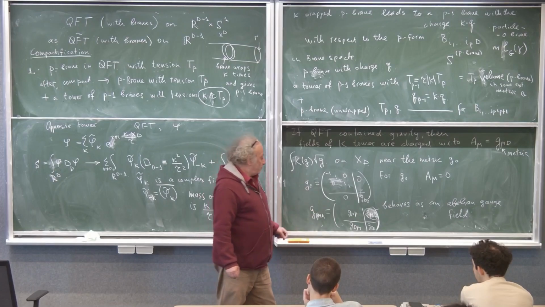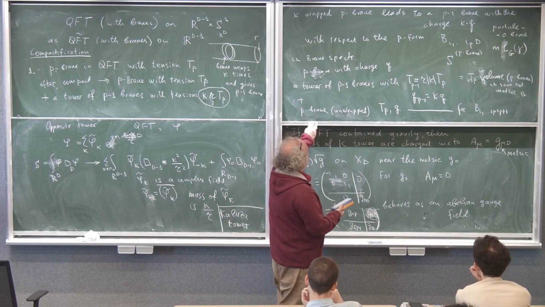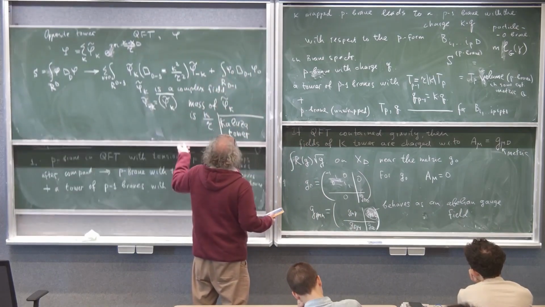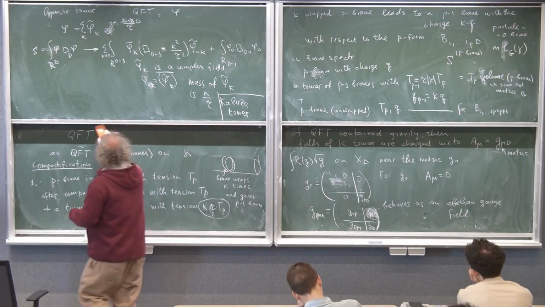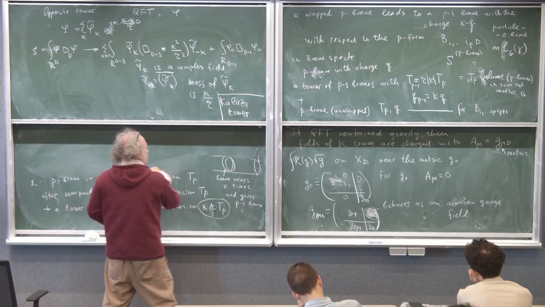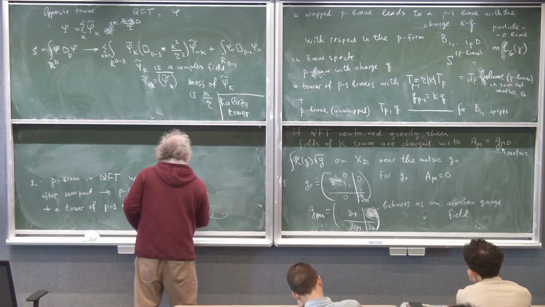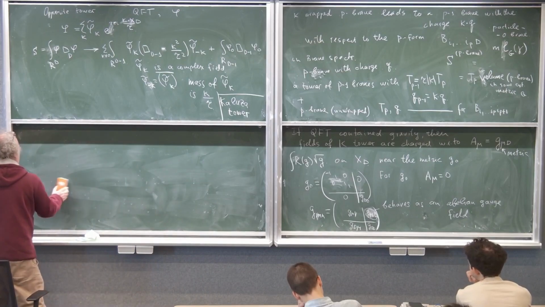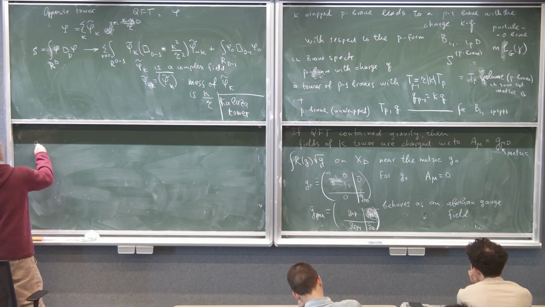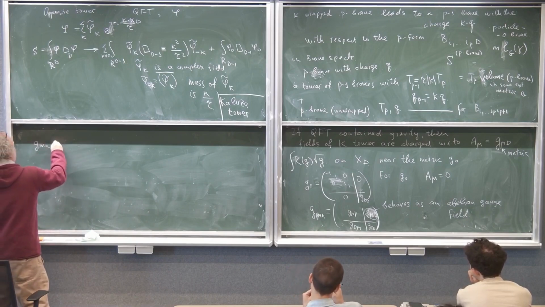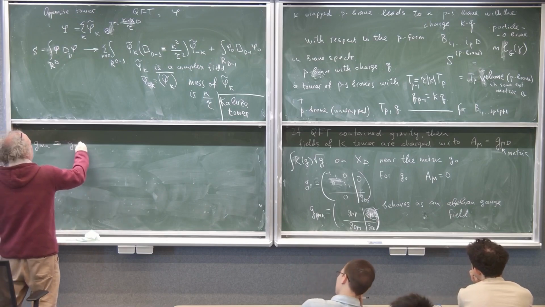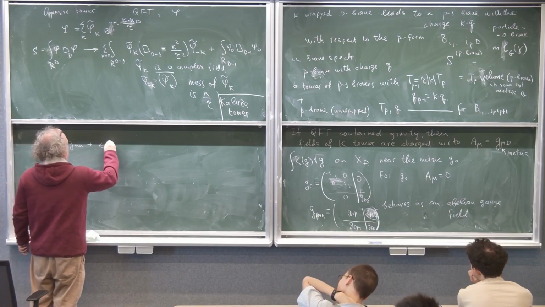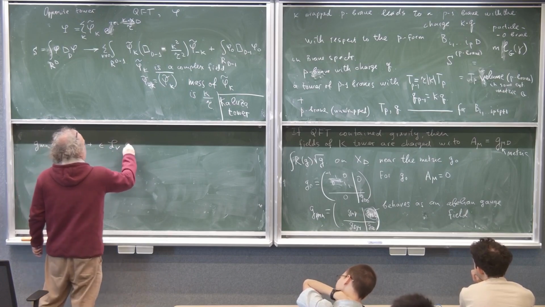Actually, where we have a metric g_MN, g_MN is equivalent to g_MN plus small epsilon and the Lie derivative of g_MN.